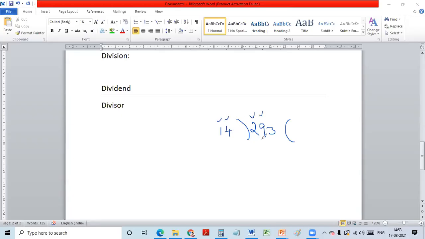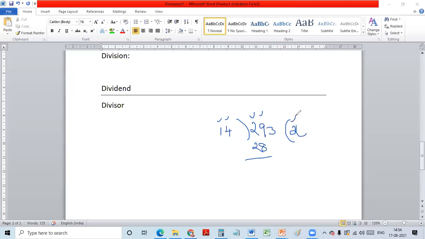So I will take only 2 digits and check how many times my divisor can be subtracted from the dividend. 14 ones is 14, 14 twos are 28, 14 threes are 42, which is bigger than the first 2 digits. So 2 is sufficient.